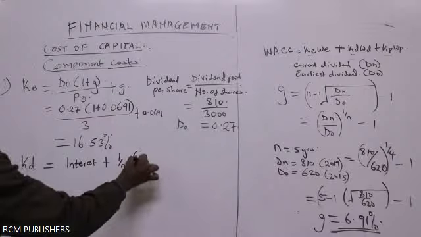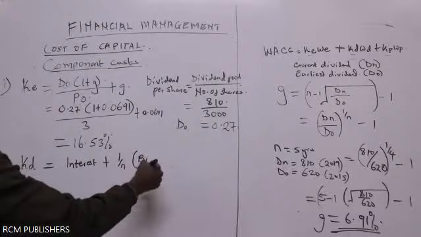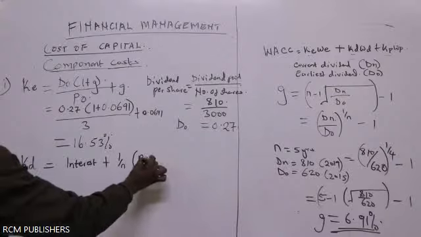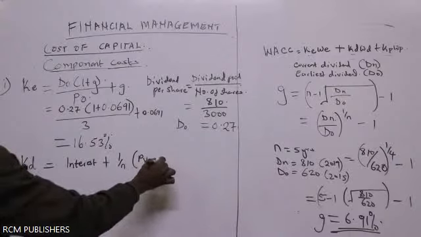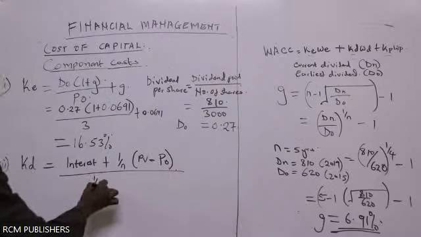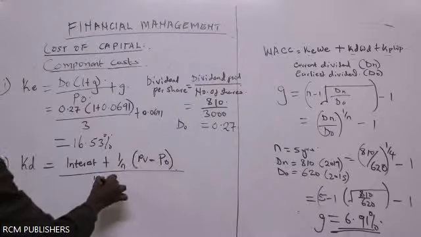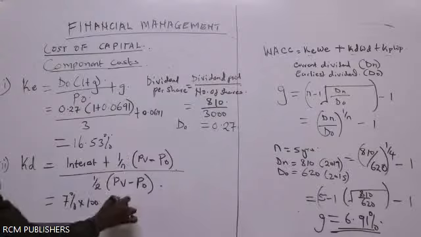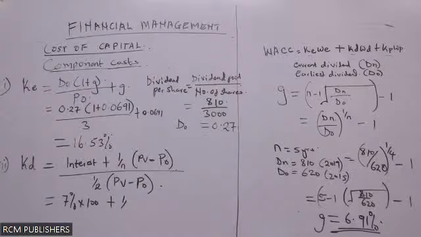Then this one you multiply by either the market value or the par value, and then you divide by a half of these two, value divided by percent of 100. Then I add 1 over n. What is my n? Very fast. Let's be lively. What is our n?